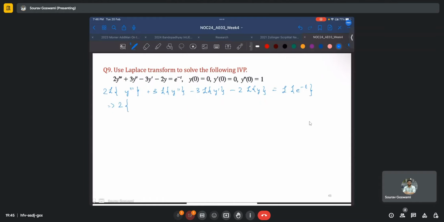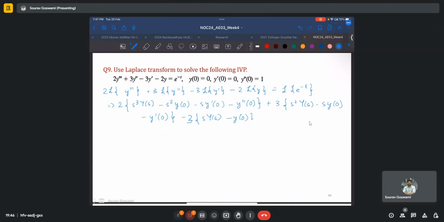For the first term, y triple prime, we get s cube Y of s minus s square y of 0 minus s y prime of 0 minus y double prime of 0, plus 3 times s square Y of s minus s y of 0 minus y prime of 0, minus 3 times s Y of s minus y of 0, minus twice Y of s.